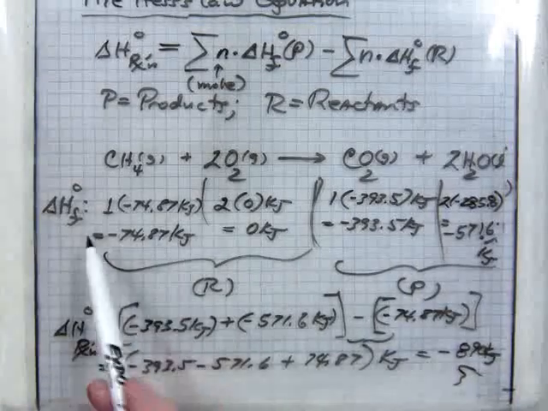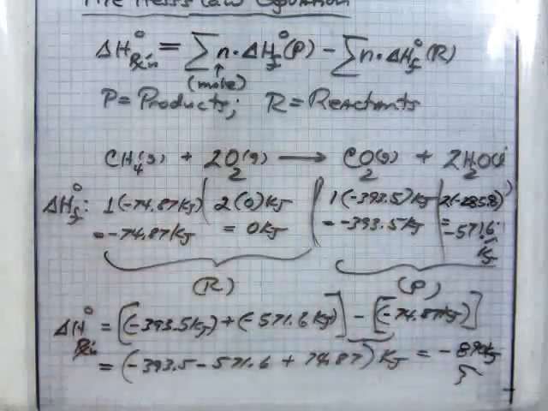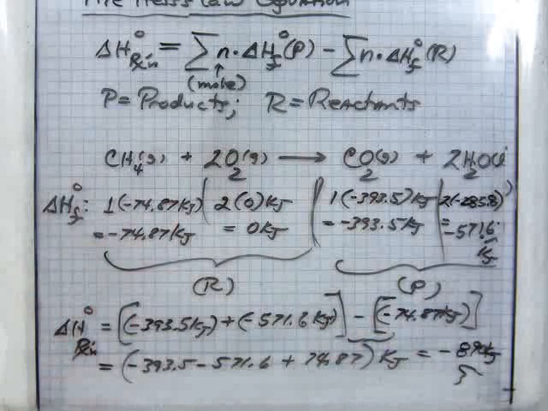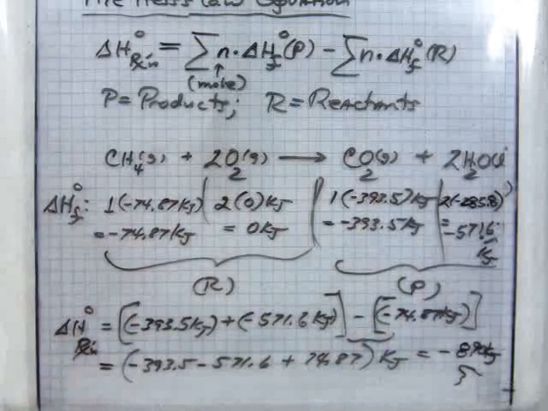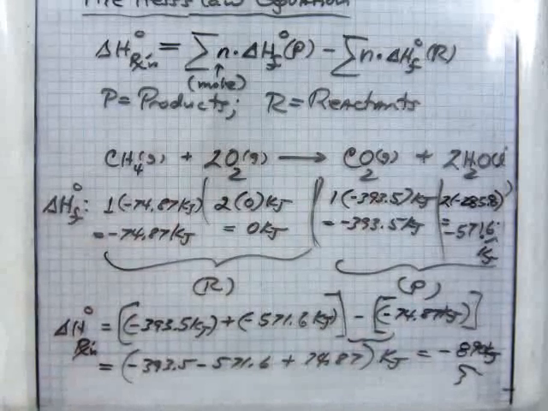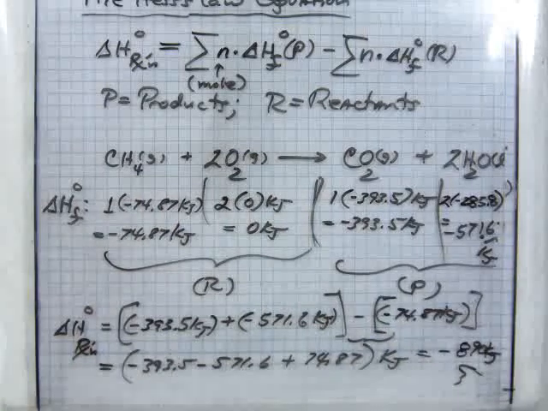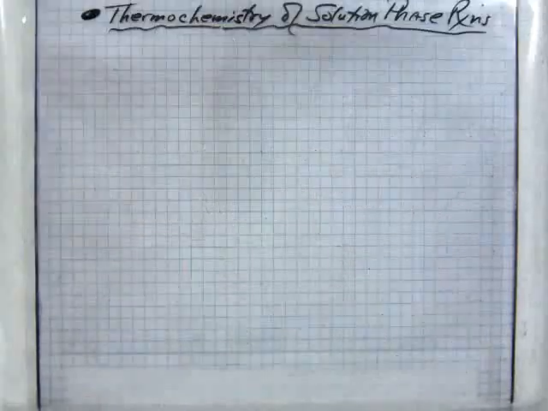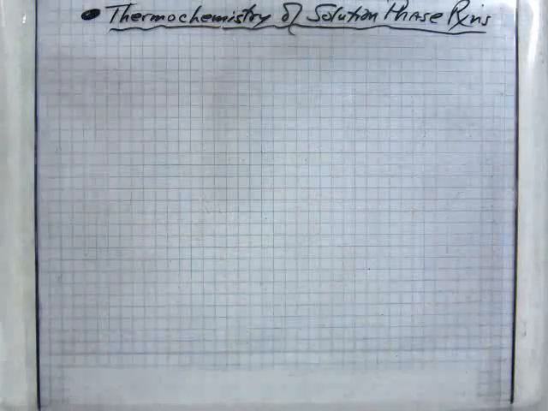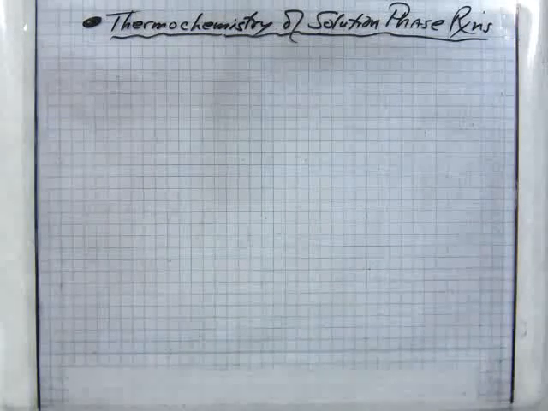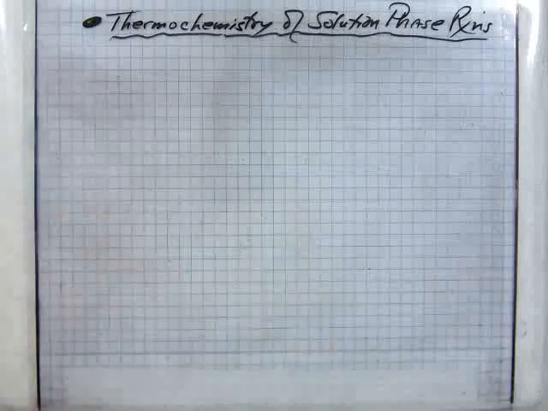So this is how the Hess law equation is applied. You don't have all the adding up of equations, but each topic has its place in the chemistry problems that you'll work. As you see here, the thermochemistry of solution phase reactions.